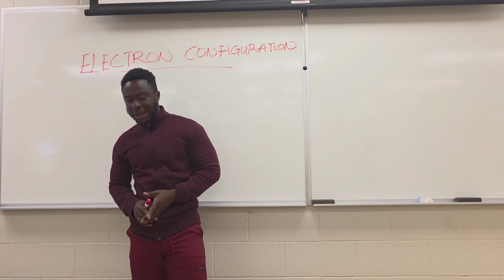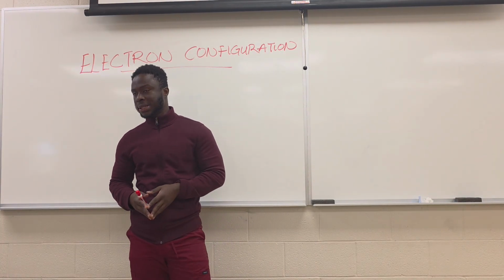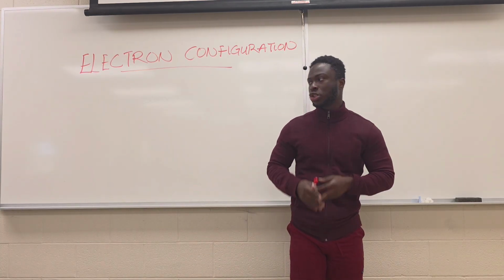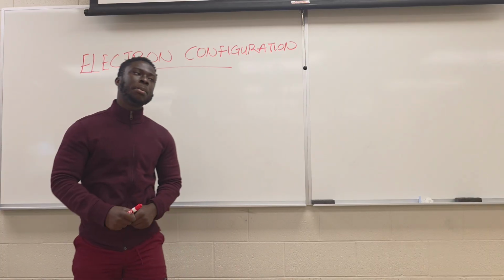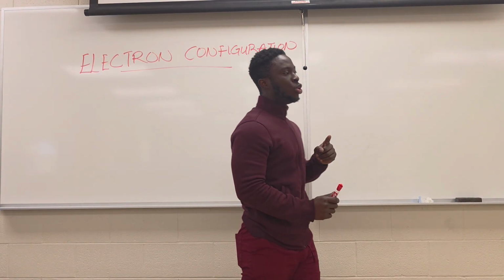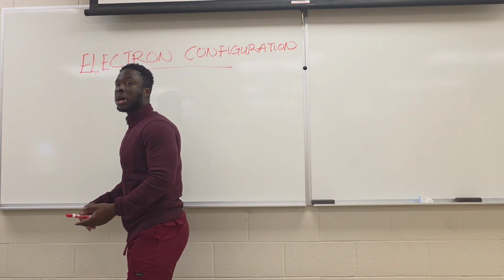And we did the magnetic quantum number, which represents the orbitals that the electrons reside in. And last but not the least, the spin quantum number, which is if either the electron is spinning up or spinning down. So an electron configuration is how we write these quantum numbers.